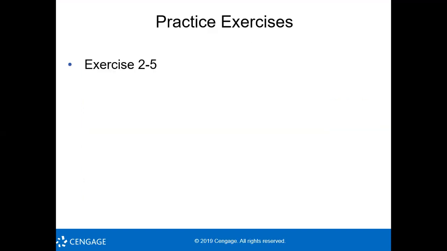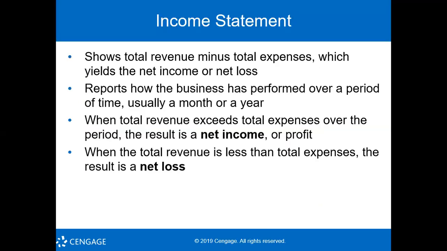All right. At this point, I would encourage you to stop and get practice preparing one of these trial balances, exercise 2-5. All right, so once we've prepared our trial balance, now we can get practice with our financial statements because we prepare financial statements right from the trial balance.